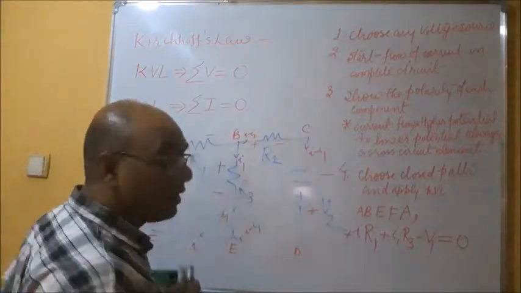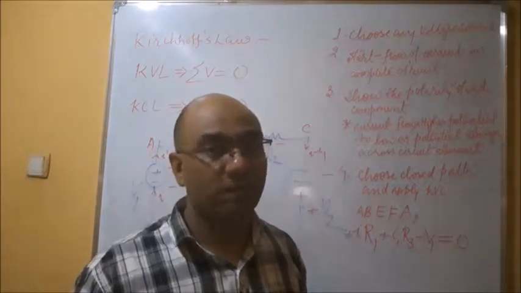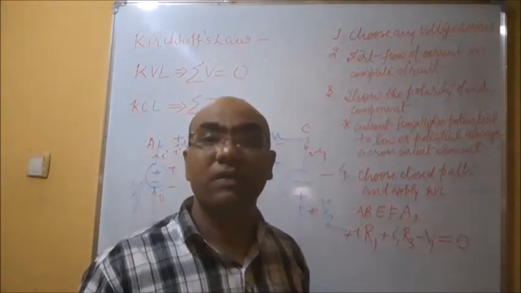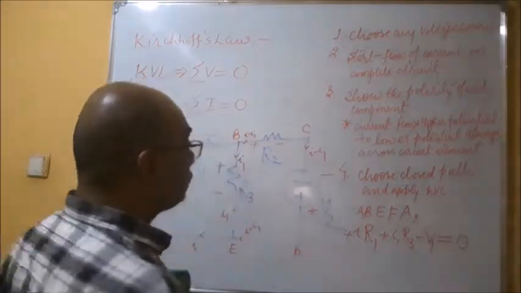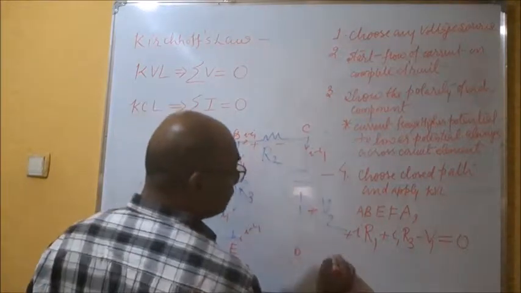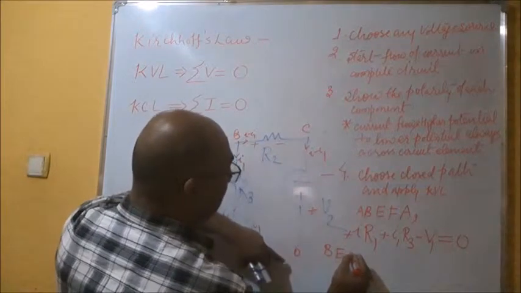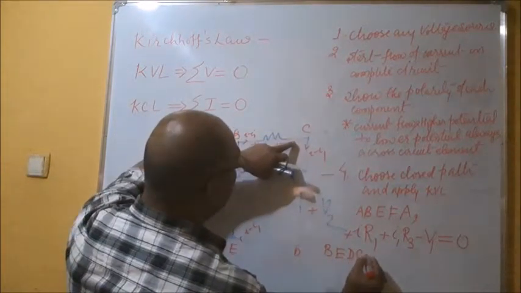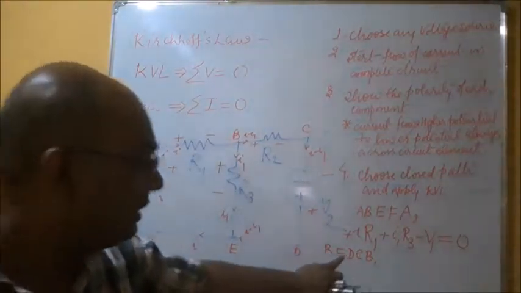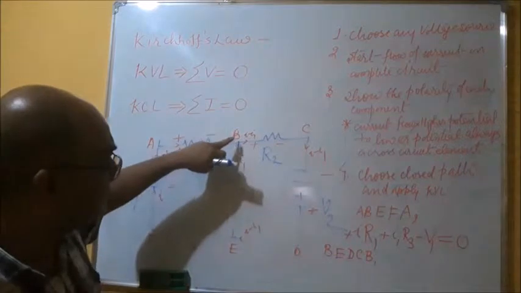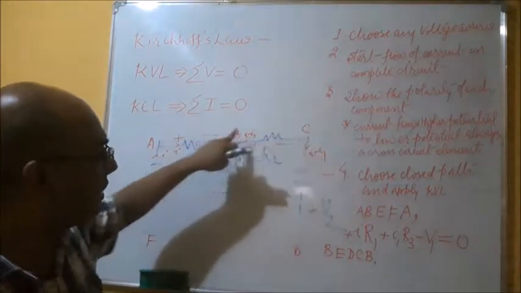Both are possible; I can go clockwise or anti-clockwise. For better understanding, I am taking the anti-clockwise direction. So suppose B, E, D, C and B. For this loop B, E, D, C, B, I'll move from B till E, then D, then C and again at B.